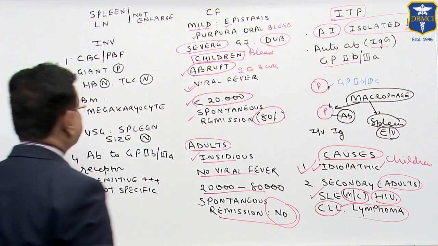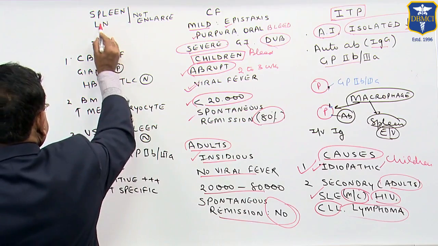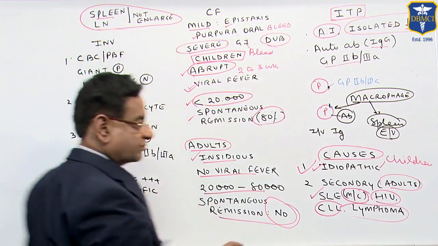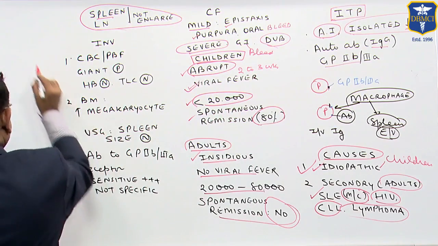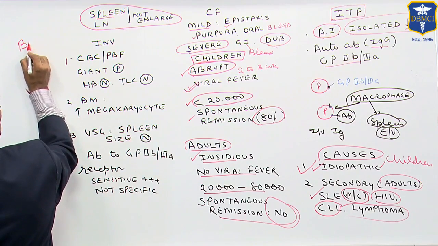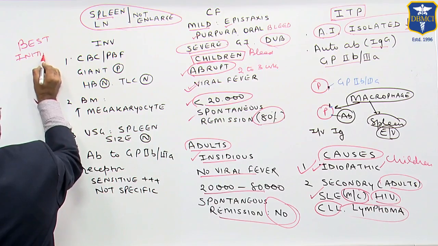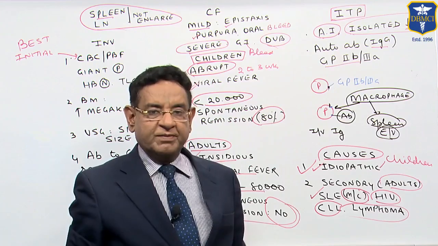So now we investigate, but before that, remember, spleen and lymph nodes are not enlarged. Okay, so investigation. The best initial test is CBC and peripheral blood film.